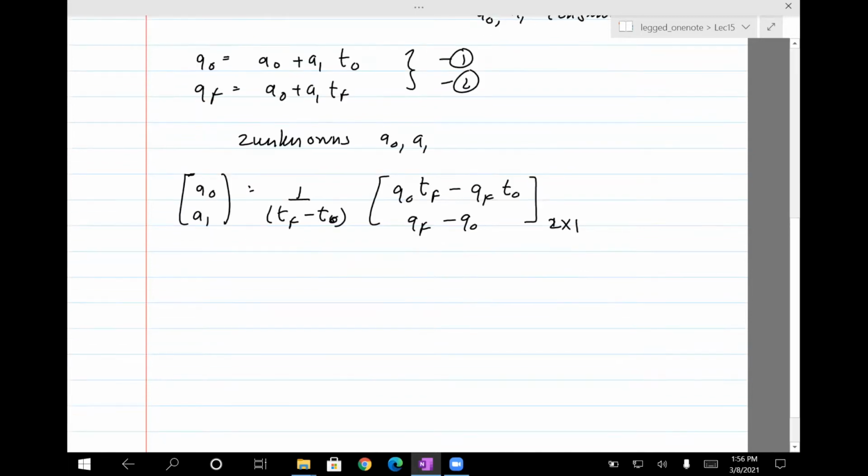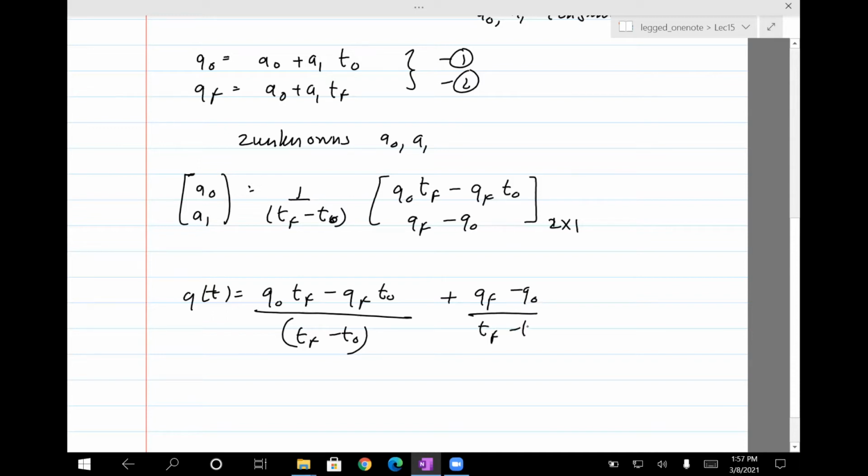So if you put these values inside the formula for q, you get q of t equals q0 tf minus qf t0 divided by tf minus t0, that's for the constant part. And then for the non-constant part, a1, we have qf minus q0 divided by tf minus t0 times t.